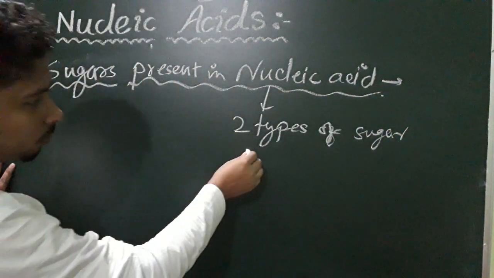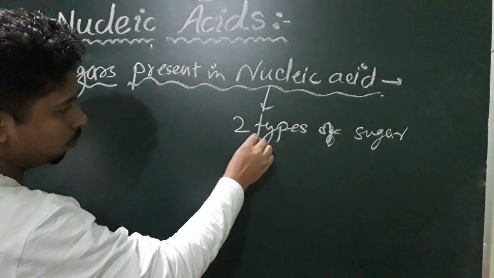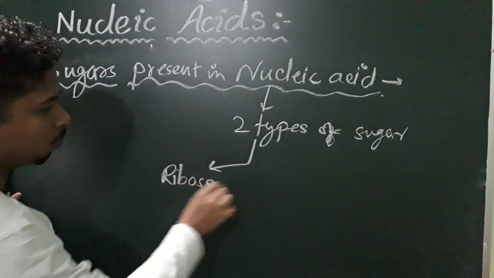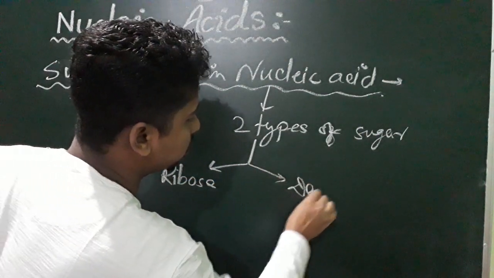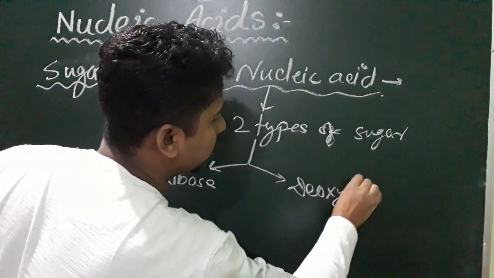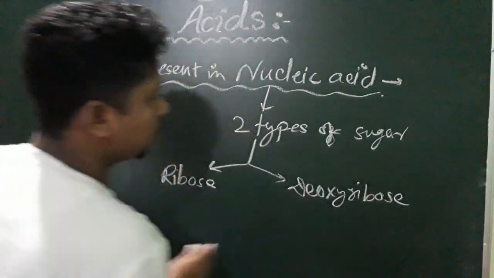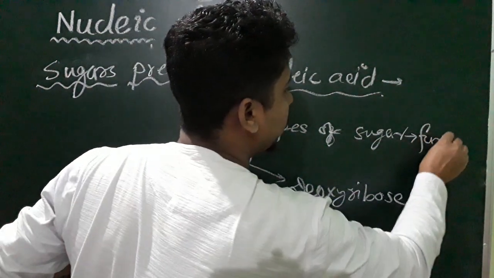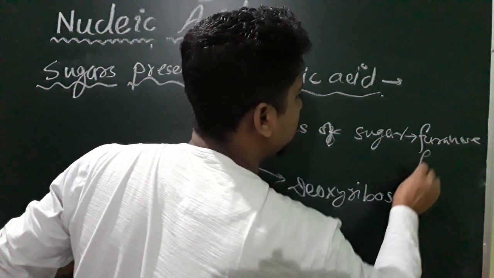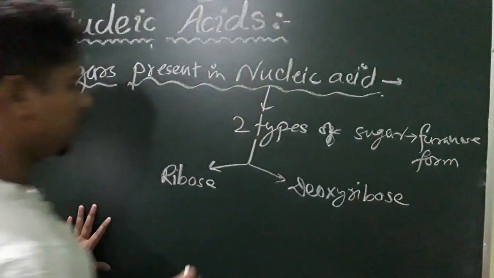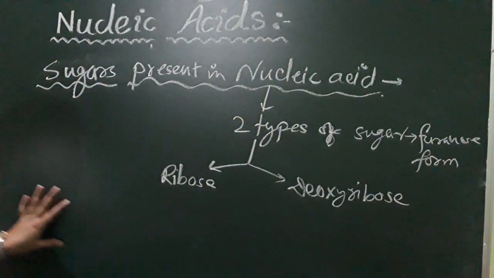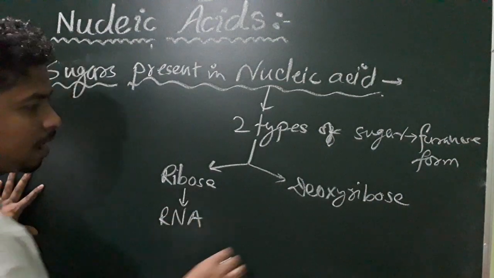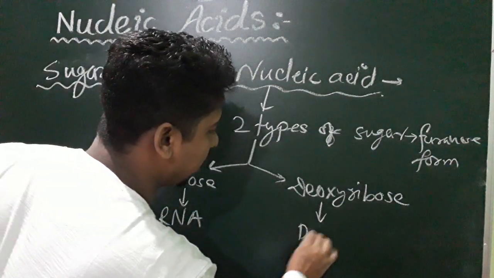What are they? One is ribose, another one is deoxyribose. They are in the furanose form. Ribose is found in RNA, ribonucleic acid, and deoxyribose is found in DNA.